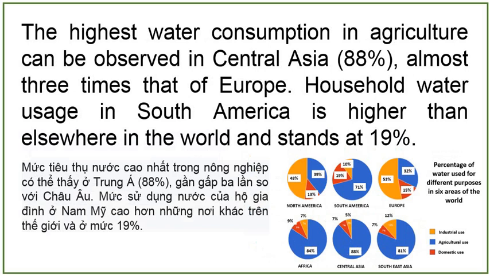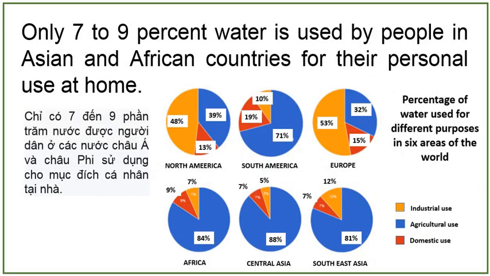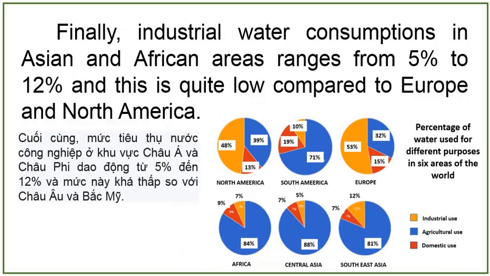Household water usage in South America is higher than elsewhere in the world and stands at 19%. Only 7 to 9% of water is used by people in Asian and African countries for their personal use at home. Finally, industrial water consumptions in Asian and African areas ranges from 5% to 12%, and this is quite low compared to Europe and North America.